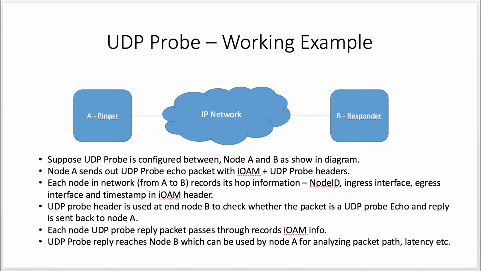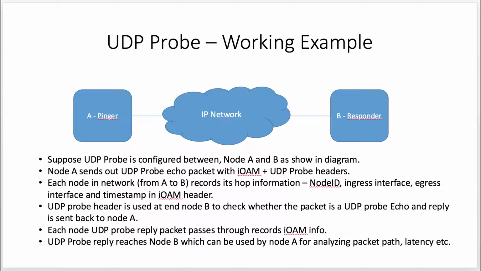Each node in the network between A and B records its hop information, that is node ID, ingress interface, egress interface, and timestamp of the packets passing through. On receiving the probe packet, B swaps the source and destination of the packet and sends it back to the pinger.